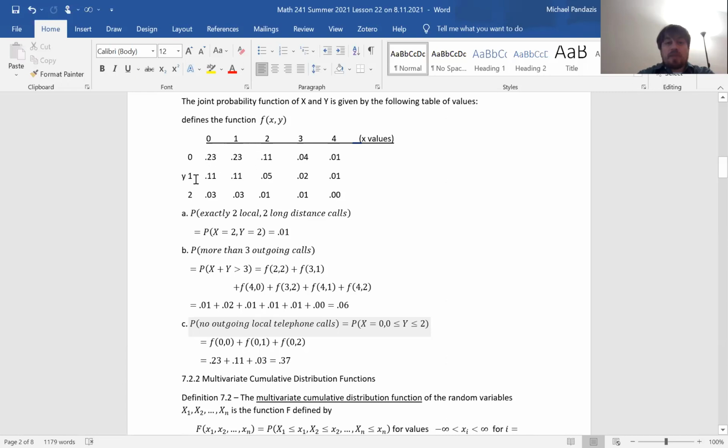See these 6 here that I'm putting my cursor around? These 6 mean that X is at most 2 and Y is at most 1. And so it's f of 0, 0 plus f of 0, 1 plus f of 1, 0 plus f of 1, 1 plus f of 2, 0 plus f of 2, 1. Okay, and so you have those 6 values there.